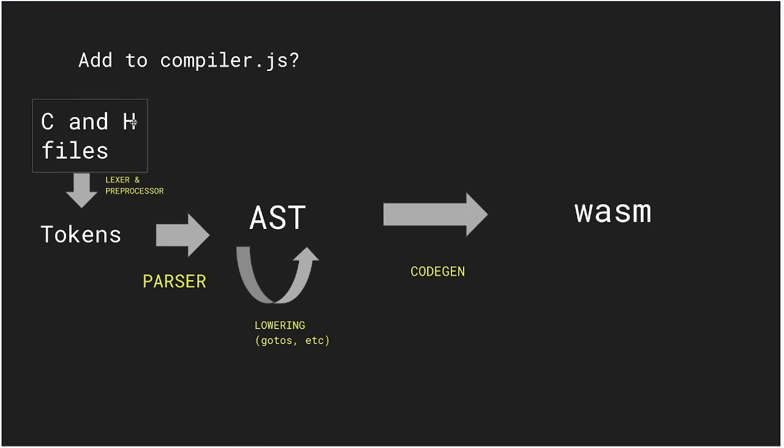You have the C and header files, the lexer and preprocessor tokenizes it, and then the tokens are parsed into an AST, and then the AST has a couple lowering phases, like getting rid of the gotos into a format that's easier for the WASM to consume, and then we codegen that into the WASM. And then we convert the tree into WebAssembly.